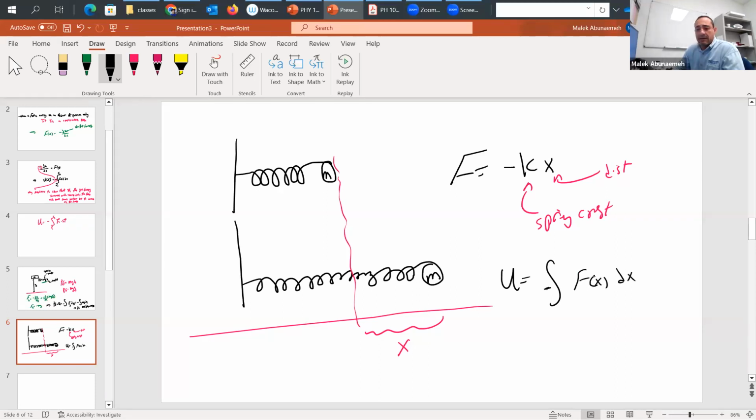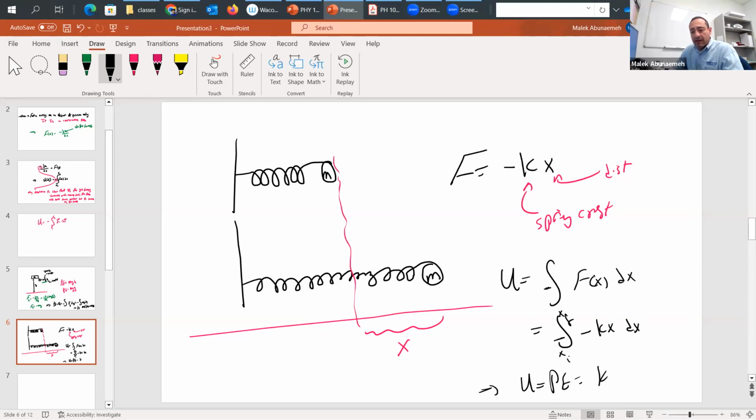this is going to equal the integral from x initial to x final of minus kx dx, which is going to equal your potential energy. The negative times the negative becomes a positive.